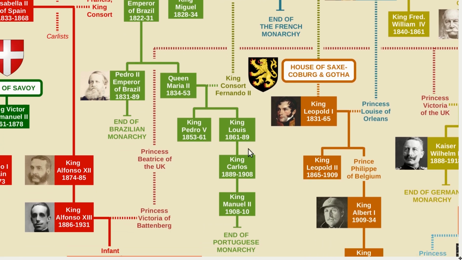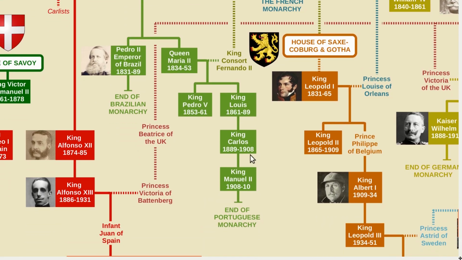And Louis was followed by his son Carlos I, who in 1908 was assassinated along with his firstborn son and heir, Louis Philippe. And his second son, Manuel II, therefore became king, but only reigned for 2 years, after which Portugal became a republic.